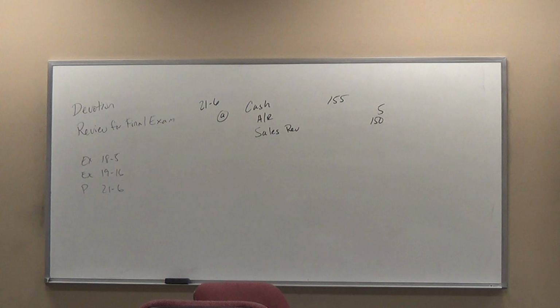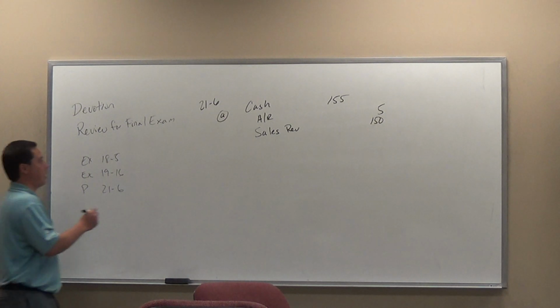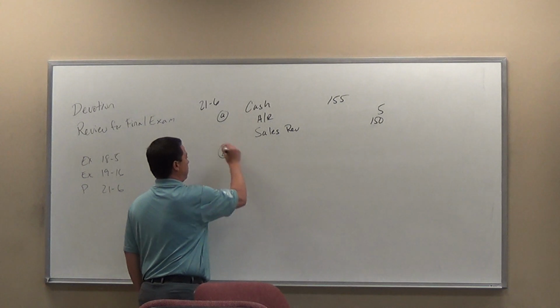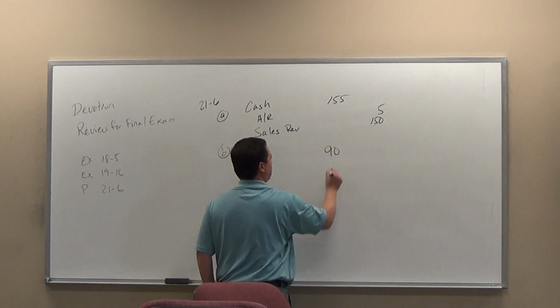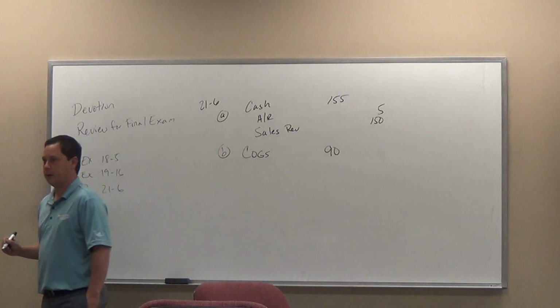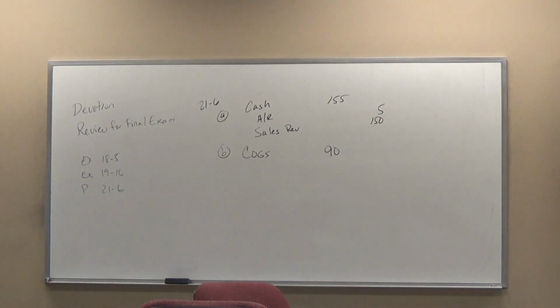Next part of the problem says cash paid to suppliers of goods during the reporting period. So we'll start with our COGS, which is 90, right? Now, do we have a change in inventory?